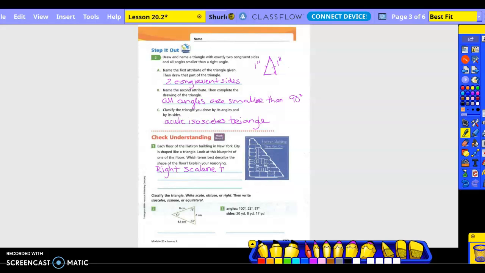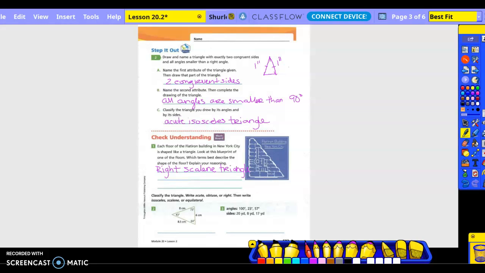So a right scalene triangle. And basically we just explained our reasoning, right? Because we don't feel that this matches that, and we for sure know that the slanted one doesn't match. So none of the sides match, right? And of course we can see the right angle here. Yes, it kind of curves, but still you could probably form a right angle.